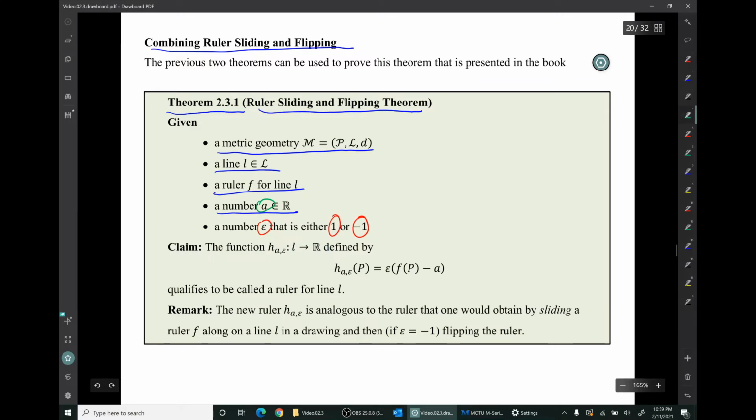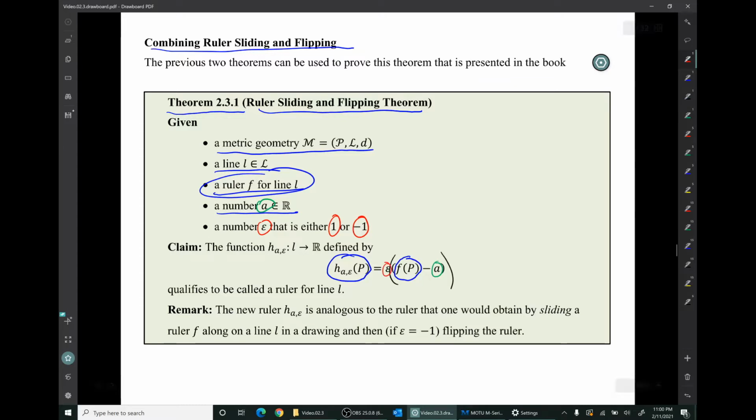So here's how the function h with a subscript a and a subscript epsilon is defined. The function, when you feed it a p as input, here's how you compute the output. First, you compute f of p using that given ruler. Then you subtract the value of a, and then you multiply that whole quantity by that number epsilon.